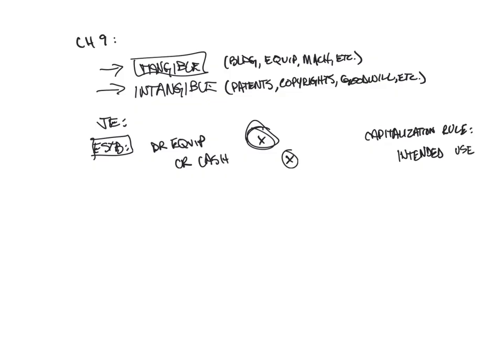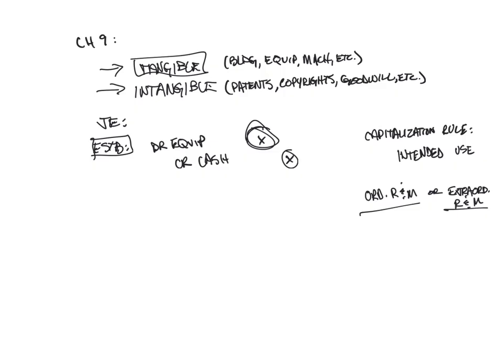The next item, though, to consider is ordinary repair maintenance, and we'll abbreviate that R&M, or extraordinary repair maintenance. Again, abbreviated R&M. So the difference between these really has a question about whether or not we are extending the usefulness or the life of an asset.